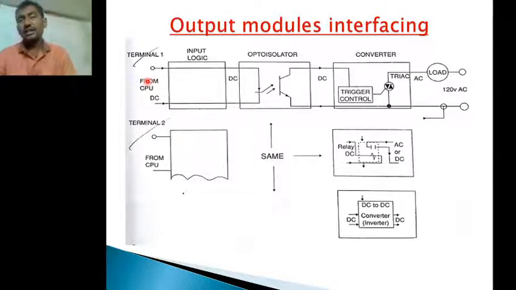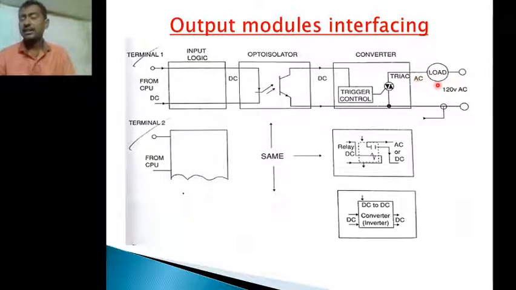That isolation can be done by using opto isolators. Using them, we can send the signal, and based upon the requirement of the output device, whether it is an AC or DC device, we can convert to whatever voltage we want.